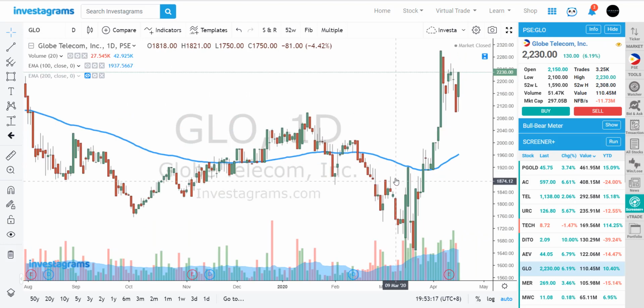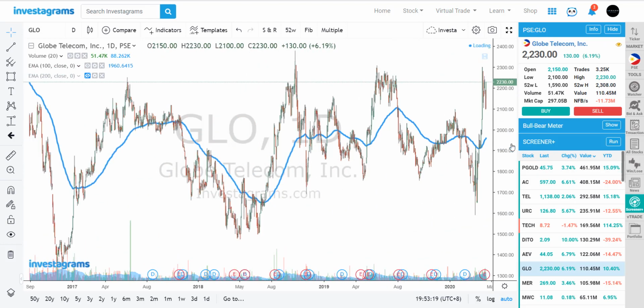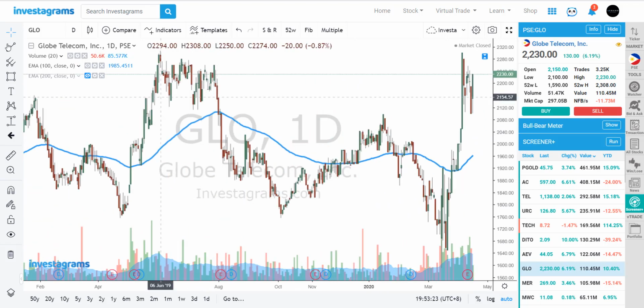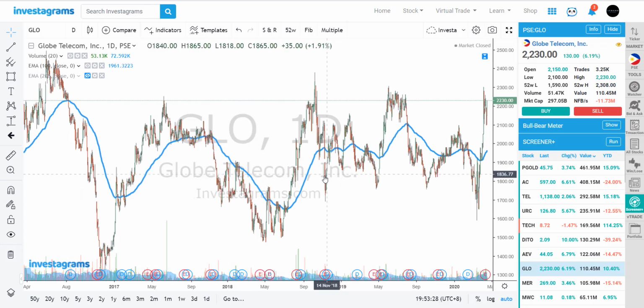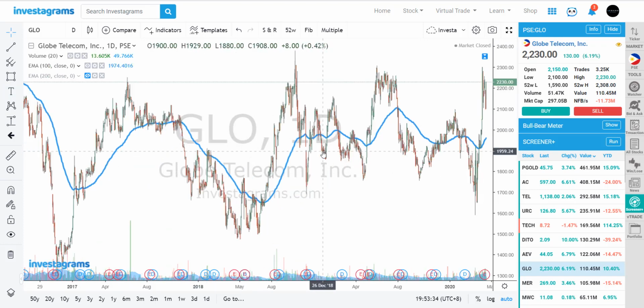Sample Globe. This one is a more choppy stock since it's quite ranging rather than trending. When the stock is ranging, you can see it impulsively go up and down through that moving average, price crossover.